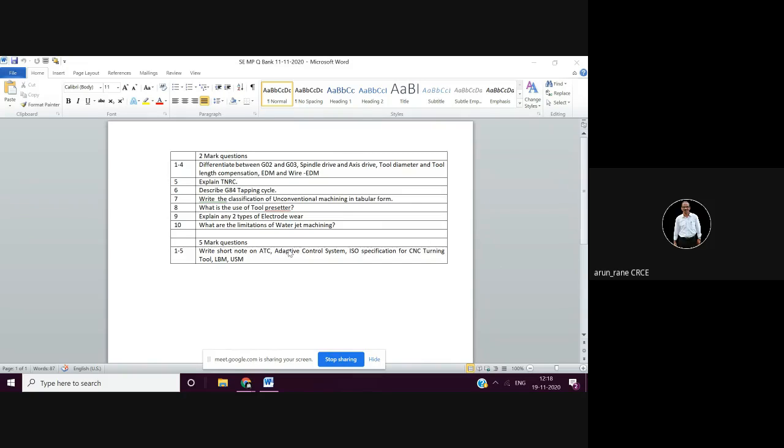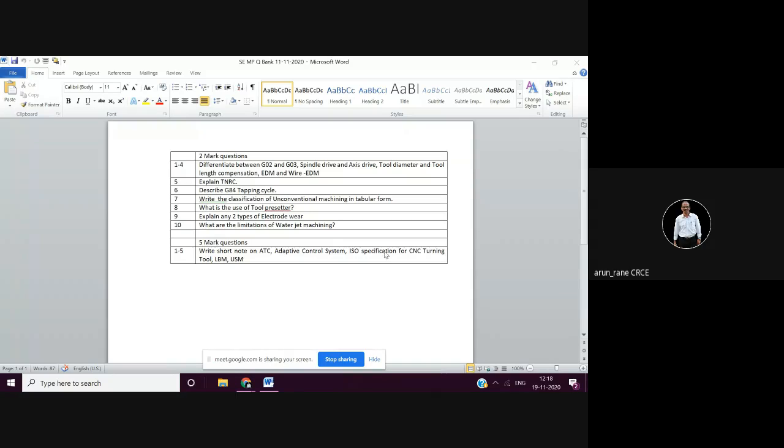I am telling you the distribution of marks also, so that you have no chance of arguments. In both the cases, the distribution of marks will be 3 marks for the text and 2 marks for the diagram.